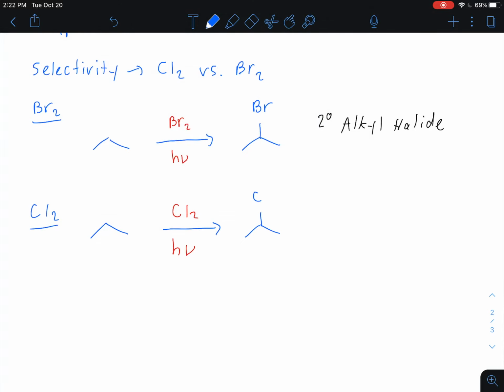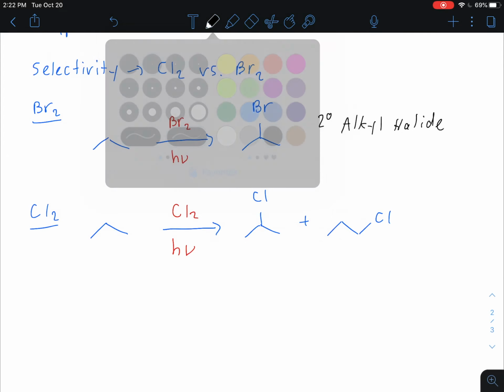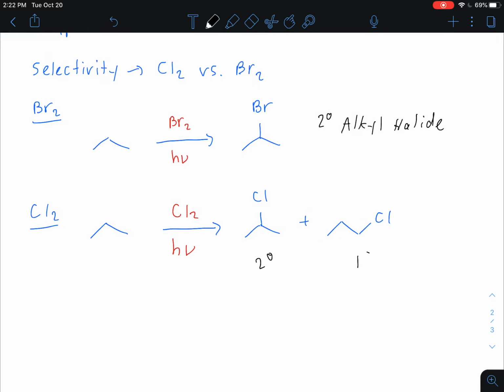It's almost a 1-to-1 mixture of 2-chloropropane and 1-chloropropane. So now we're seeing both the secondary alkyl halide and the primary alkyl halide.